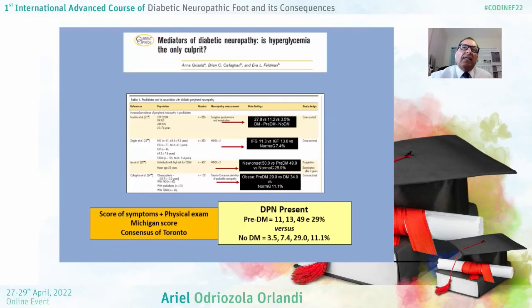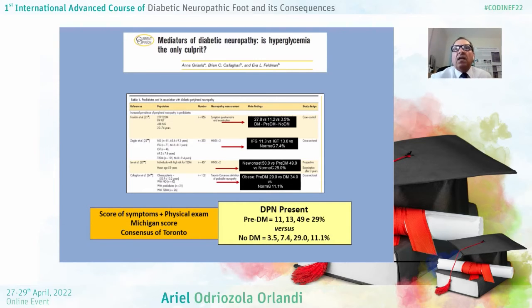In this slide we can see many cross-sectional studies of prediabetes and its association with diabetic polyneuropathy, using a symptom score plus physical examination, the Michigan score, and the Toronto consensus.